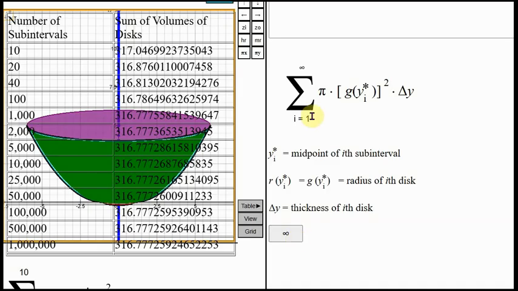And so this infinite sum will give us the exact volume. So let's go find this infinite sum right here.